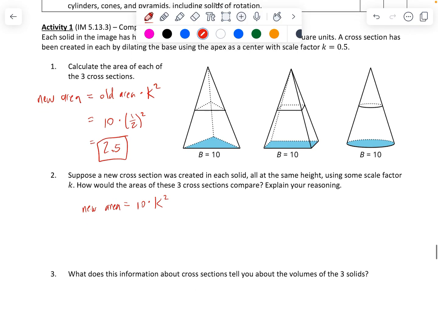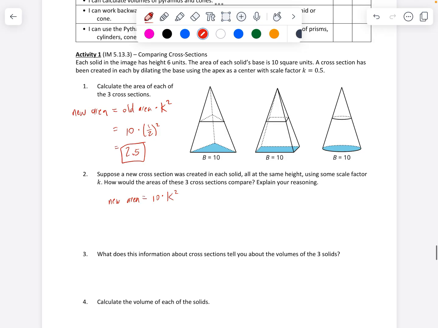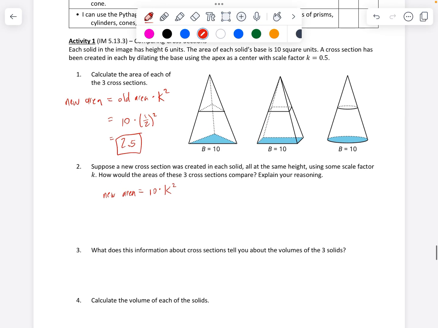What does this information about cross sections tell you about the volumes of the three solids? We learned last lesson that the volumes will be the same for all three solids. Because the area of each cross section is the same, we know that the volume will be the same.